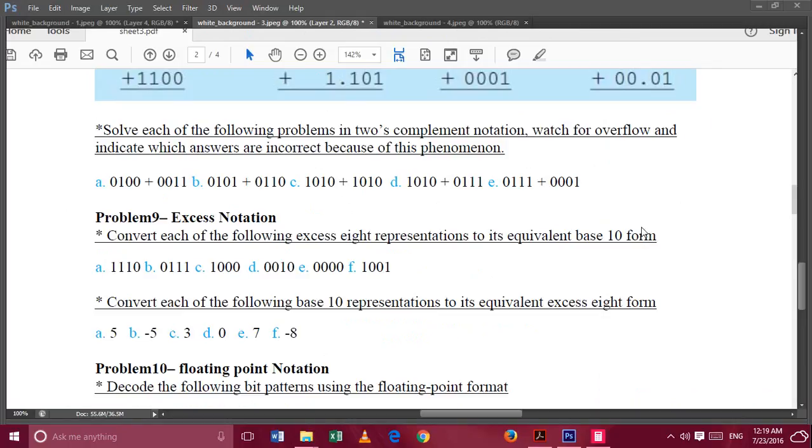Now, this is 4 bits, right? Because look, all these are 4 bits, correct? So this is a 4 bits 2's complement binary system, right?